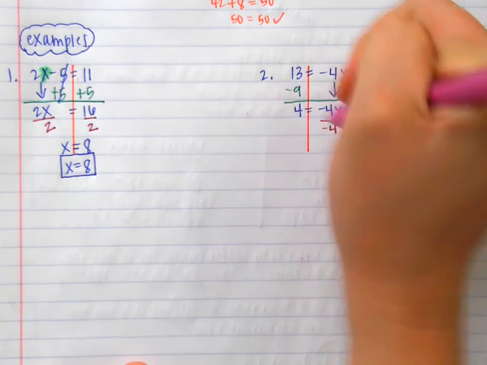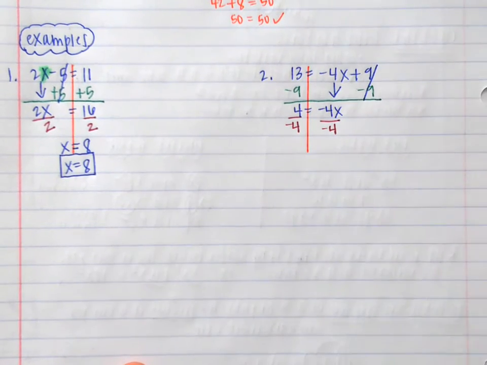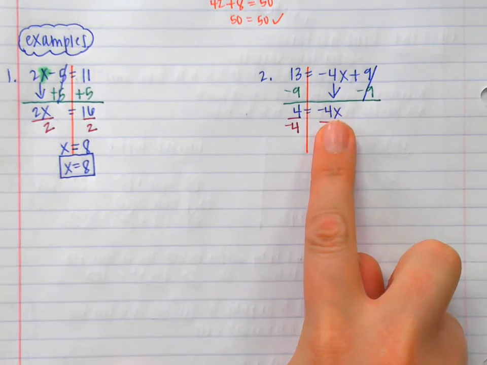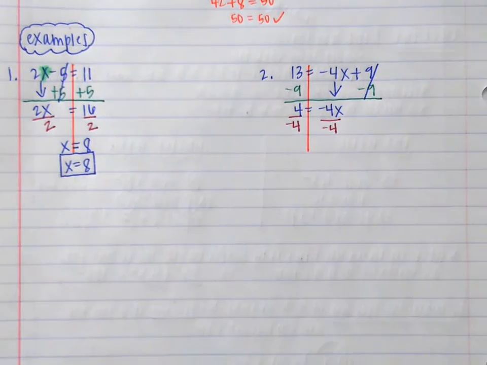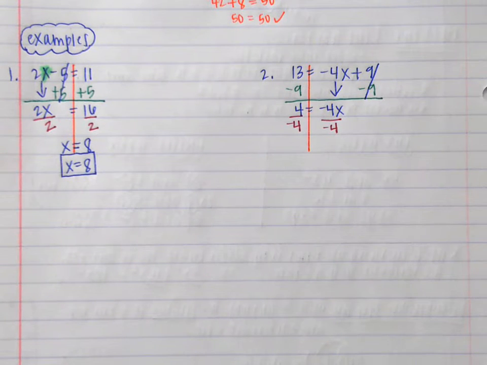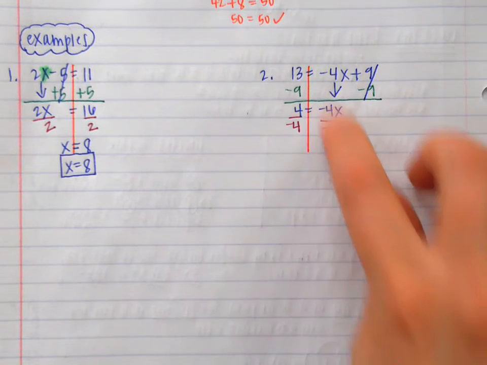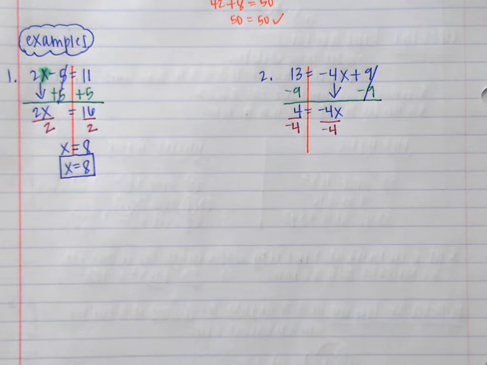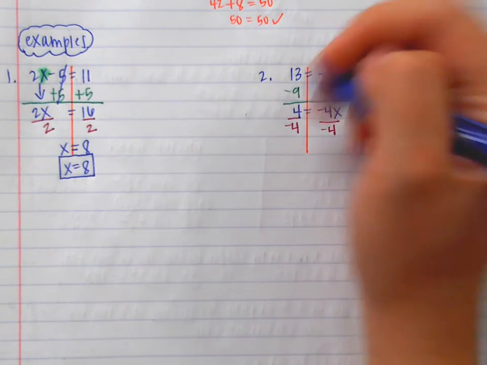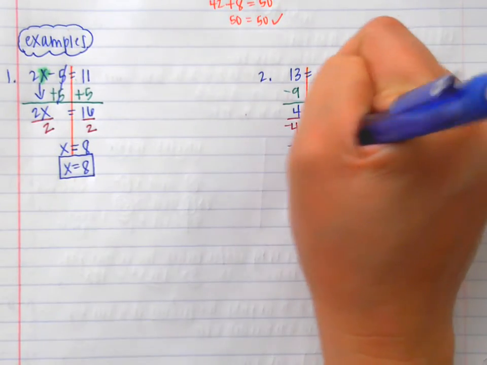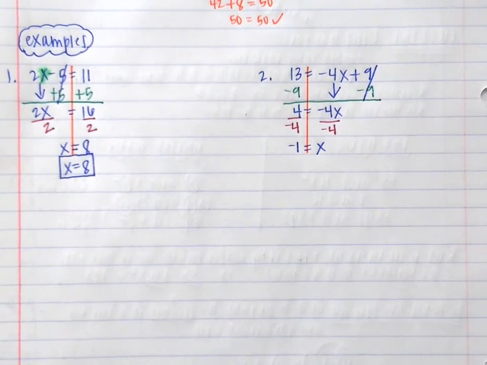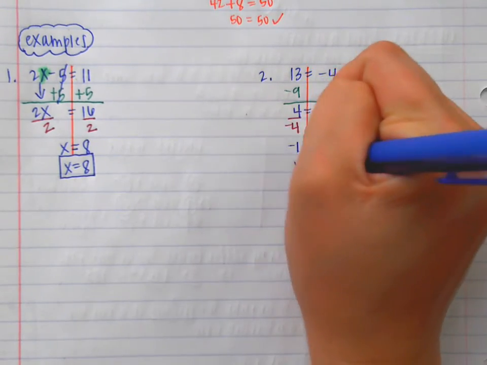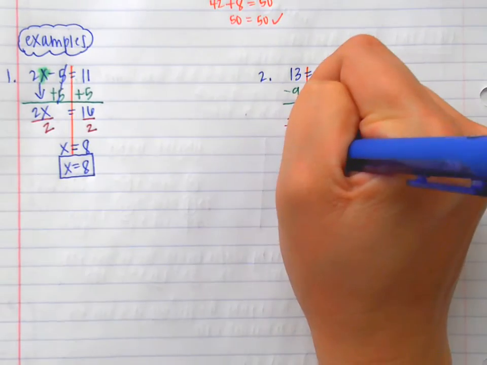We are dividing by negative 4 because we want this to be x by itself, or just 1x. So it's 1x, not a negative 1x. So negative 4 divided by negative 4 over here is 1, which is what we wanted. 4 divided by negative 4 is negative 1. And so negative 1 equals x, or x equals negative 1.